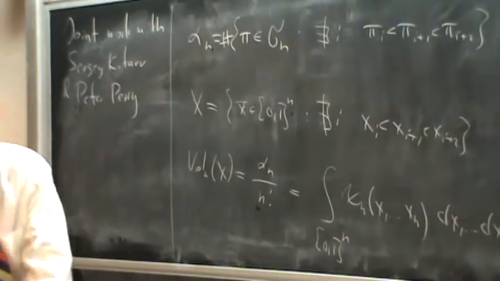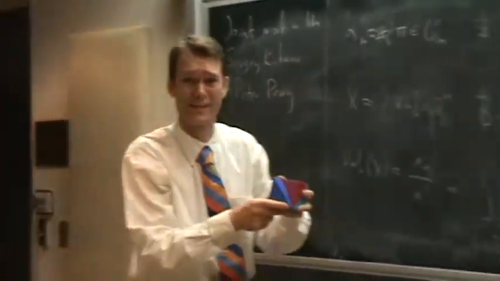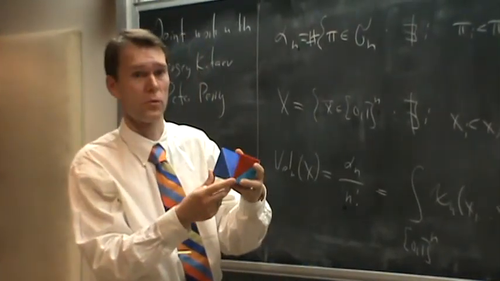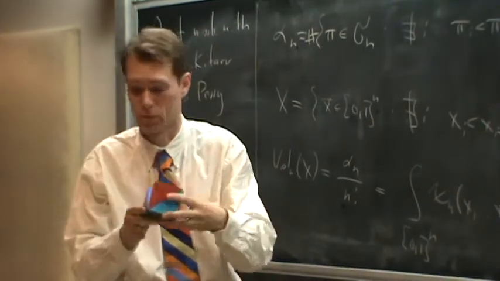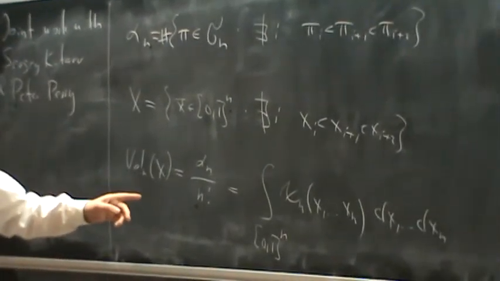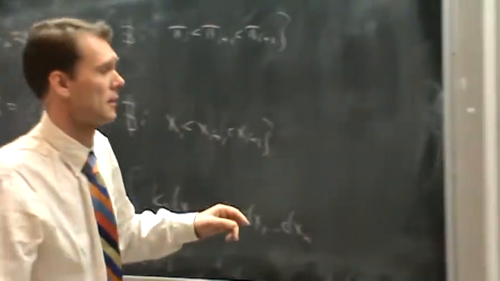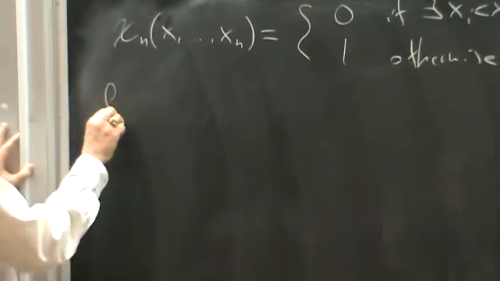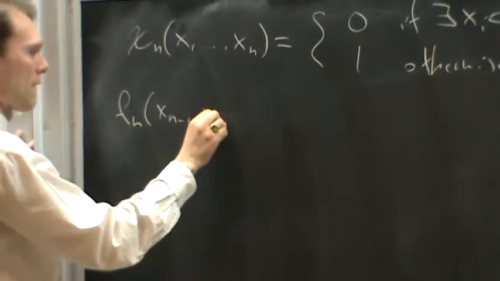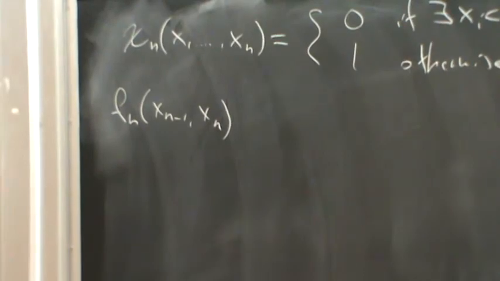But to integrate over this set is not a nice thing. This is what you don't want to give to your Calc 3 students. However, what we could do instead is define the following function, F_n, in terms of the 2 last variables.